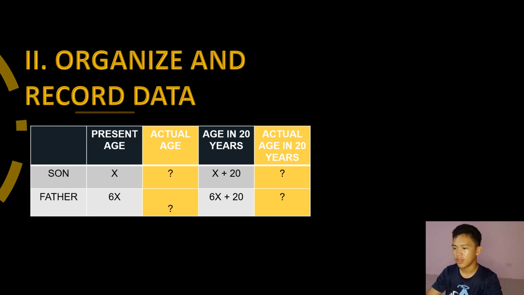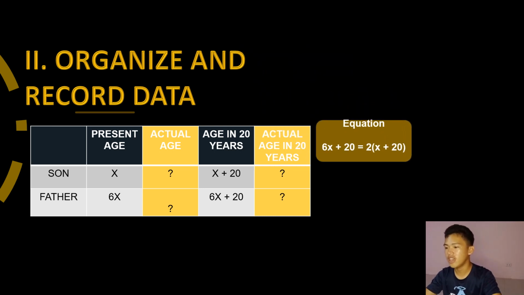That is a question mark. In 20 years, the age of the son is x plus 20 and the father is 6x plus 20. So the actual age in 20 years is also a question. These are the solutions for getting the actual age and the actual age in 20 years.